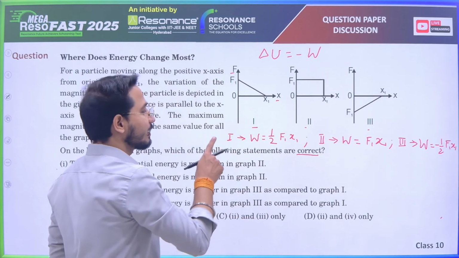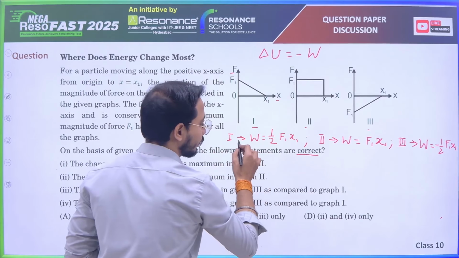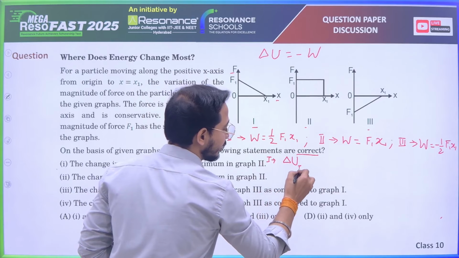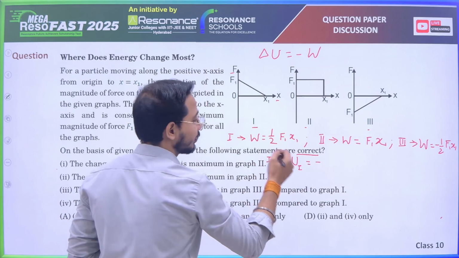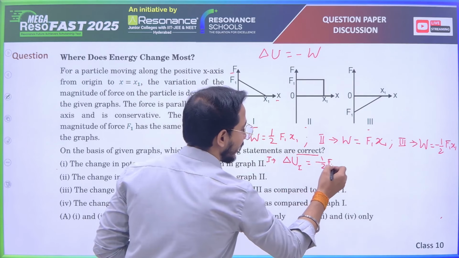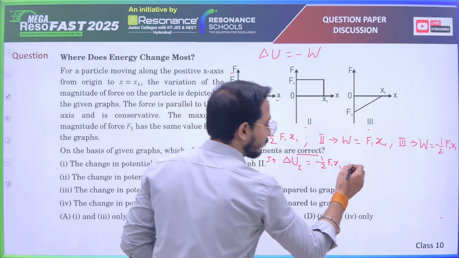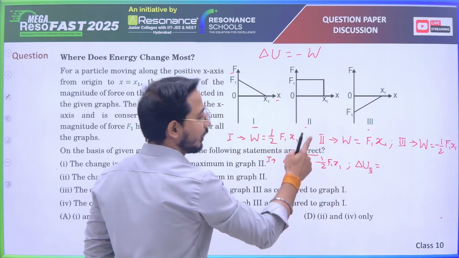Now we have to calculate change in potential energy. It is negative of work done. So for the first graph, change in potential energy will be equal to negative of work done, which is minus 1 by 2 F1 x1, right? For graph 2, change in potential energy will be equal to negative of work done.